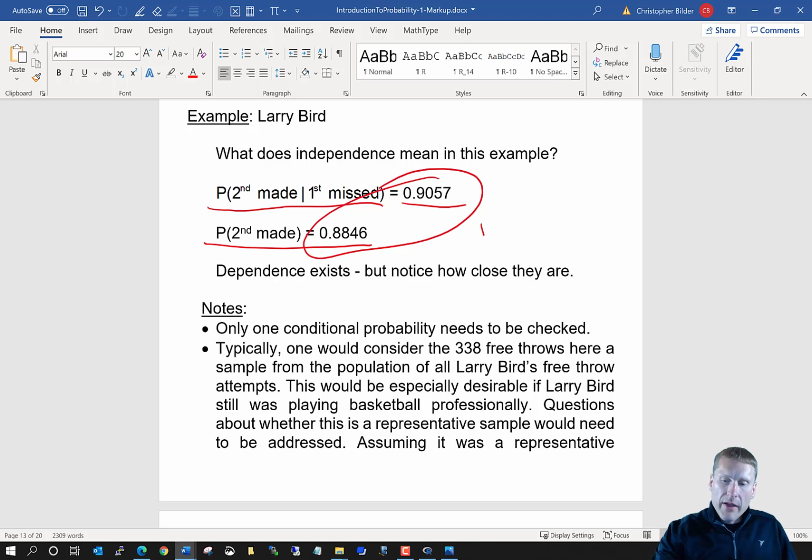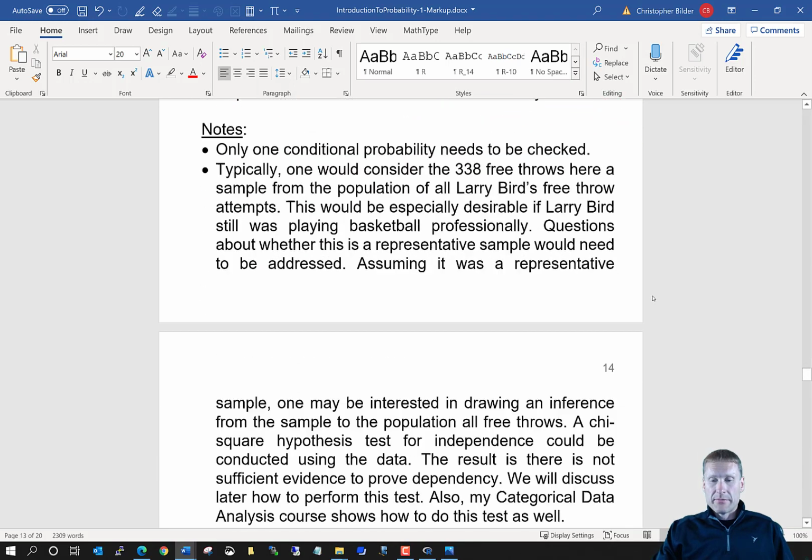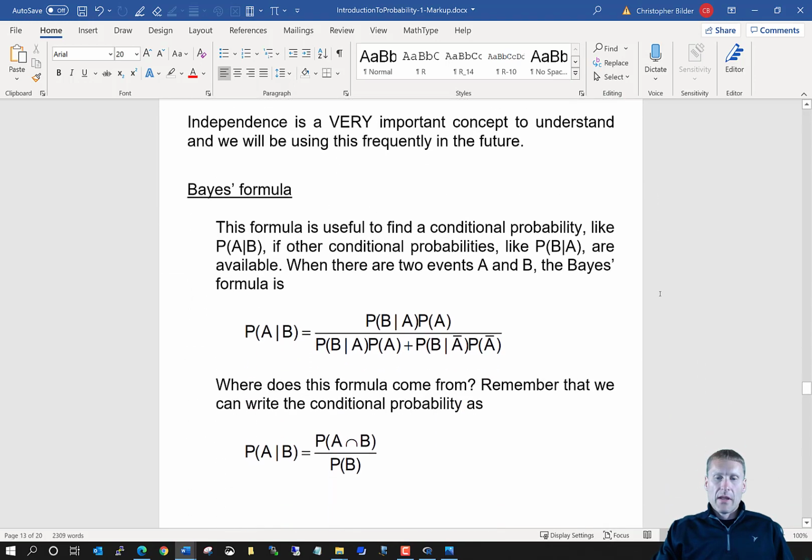One could also compare the probability that the second is made given first is made to 0.9057 as well. You're going to see that they are close, but they're not exactly equal. So at least in the sample itself, we do have dependence. And as I say there, in capital letters, independence will be very important to us in our course.